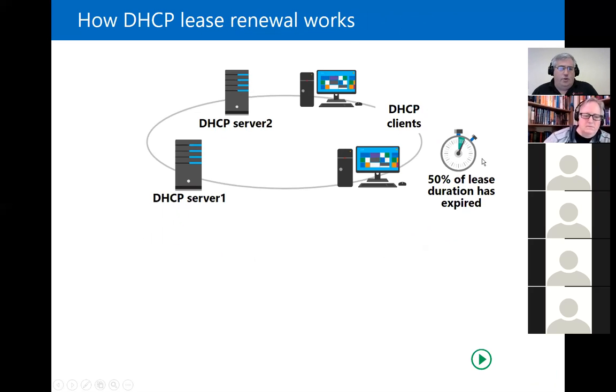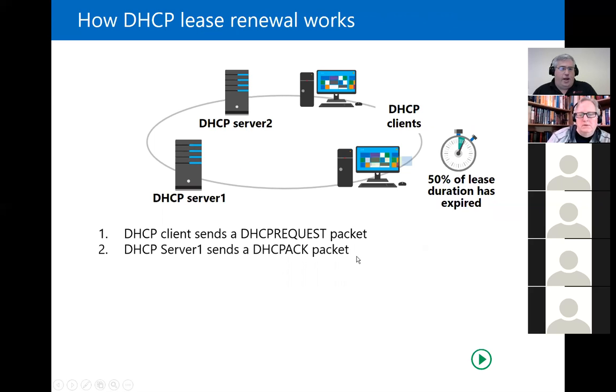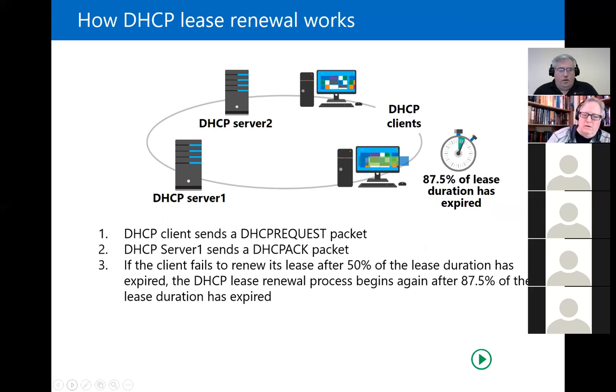So anyway, when 50% of the lease duration has expired, the client will try to renew the DHCP address. So it sends out a request. The DHCP server sends an ACK. And if it fails, it'll try again a little bit later.